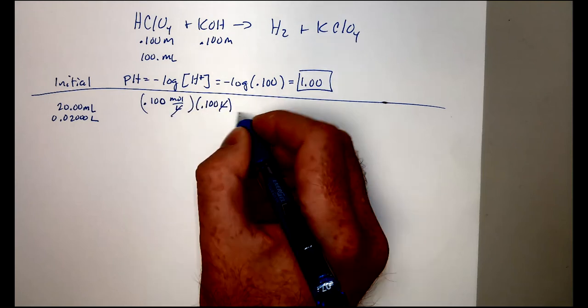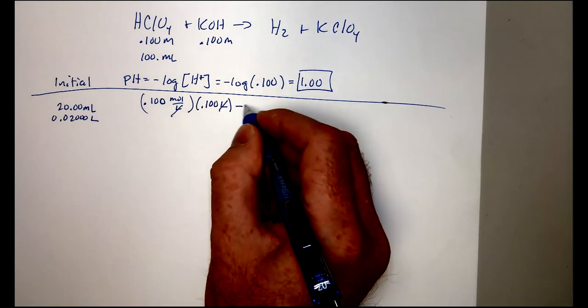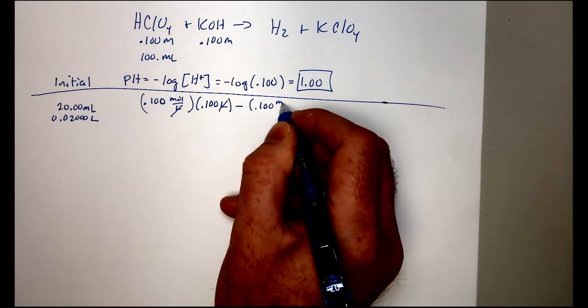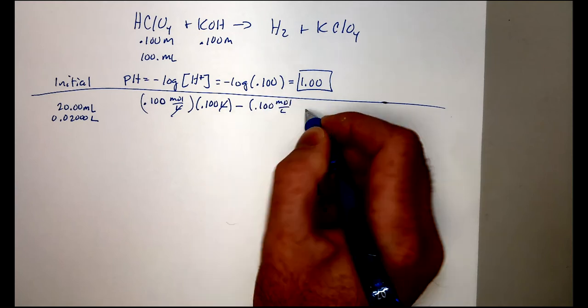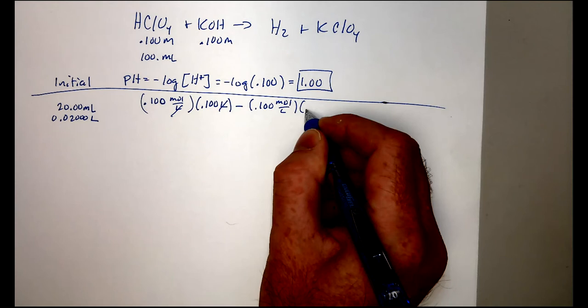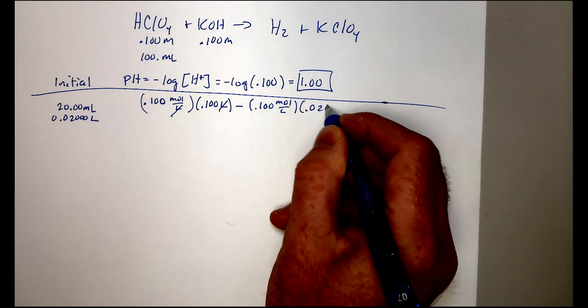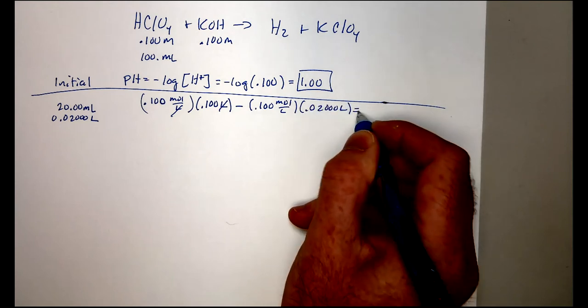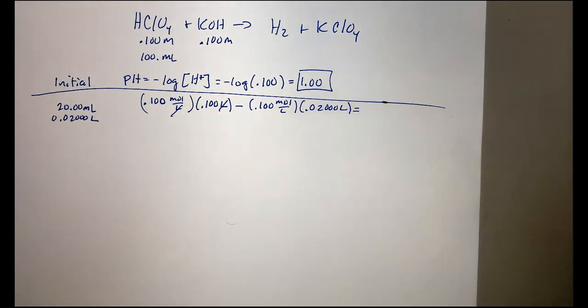That's going to cancel, and that's for my perchloric acid, minus 0.100 moles per liter times 0.02 liters, and find out how many are left.